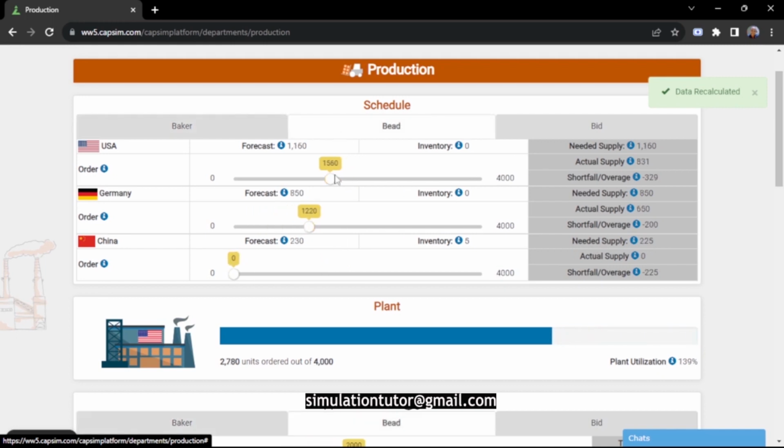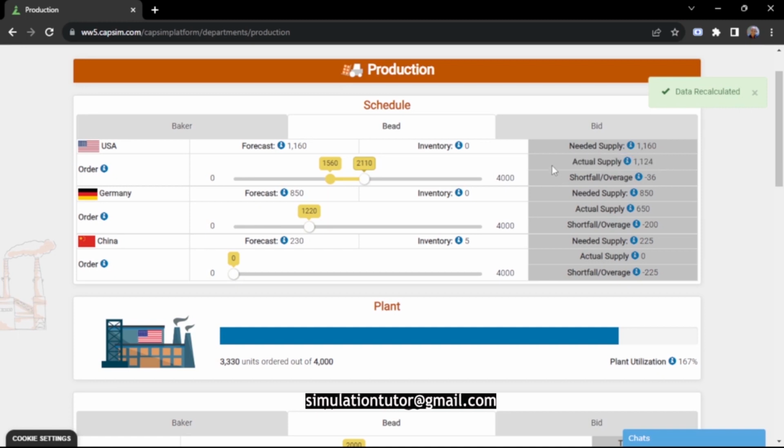Then for bid, because I believe that I'll be able to increase the number of units that I sold previously. So for bid, I'll say I'll sell 2110 based on my forecast. No, because I want to sell 1160, I'll have to produce more because we have here needed supply, then you have the actual supply.